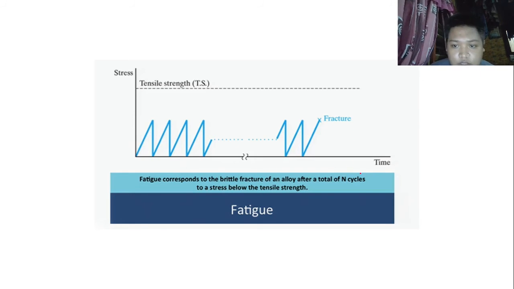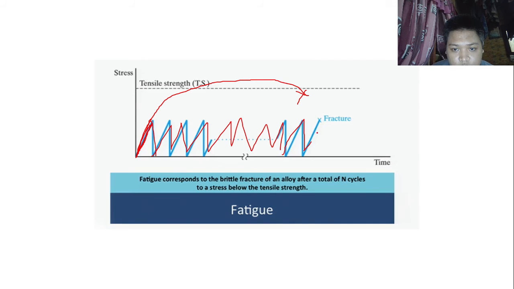It is a stress and time plot. In this example, stress is being applied to the material only halfway through the tensile strength test, because before, that is what the tensile test curve looked like, but we're only putting stress until here, and we're putting this small amount of stress again and again until the material leads to fracture or failure.